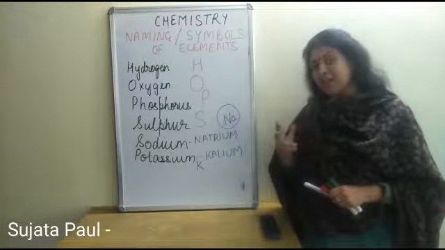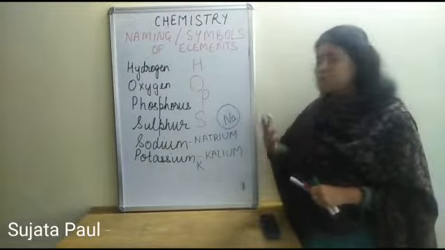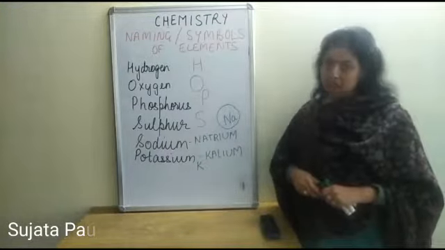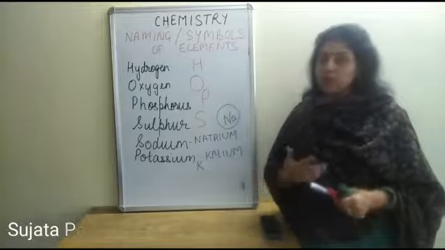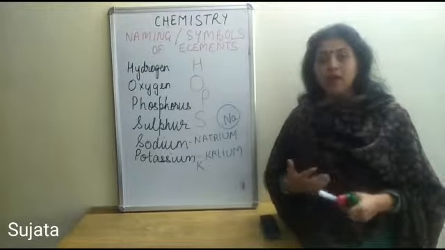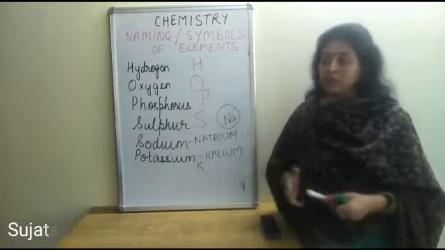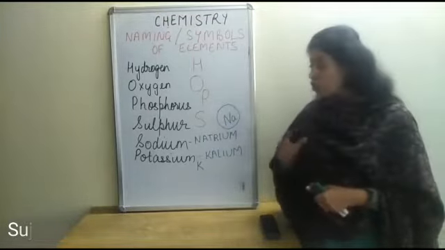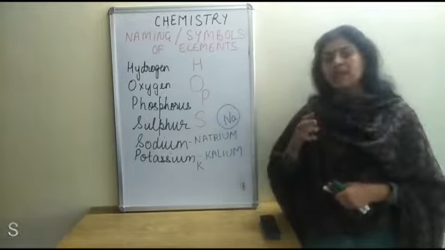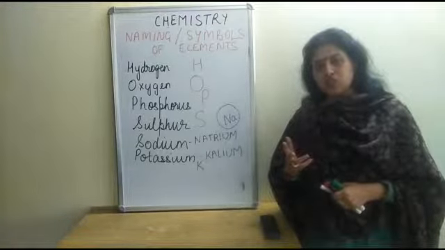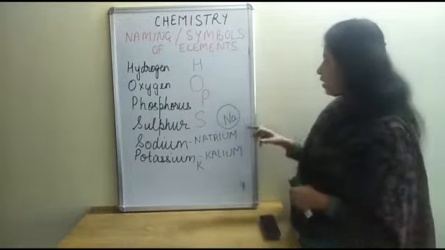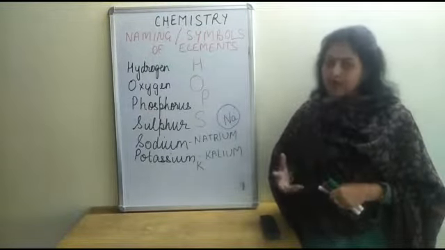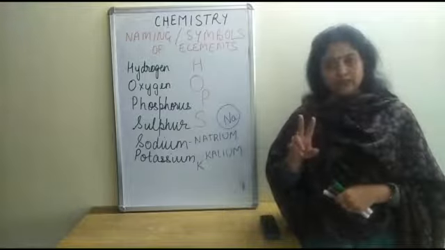Now this means that the second letter has come into play, because obviously there are only 26 letters in the alphabet, but you know that we have much more than 100 elements. So when you are using the naming procedure, you have to remember that the first letter is used for some of them. For the rest, you have to use two letters.